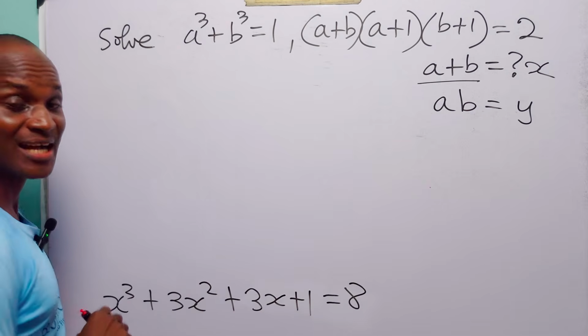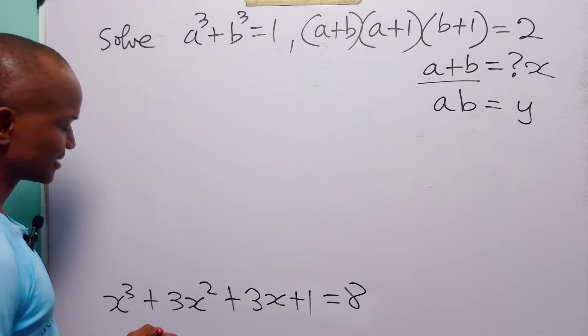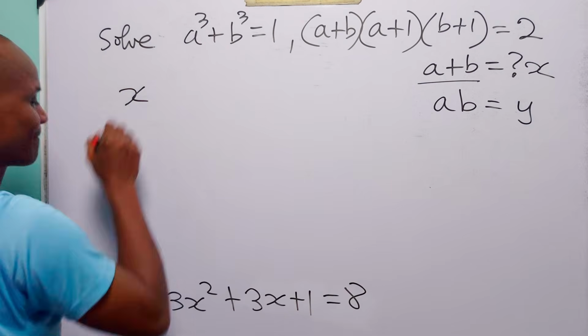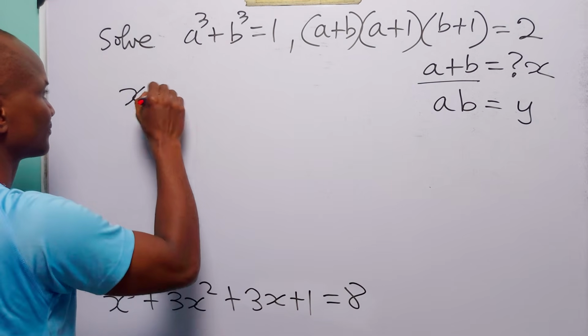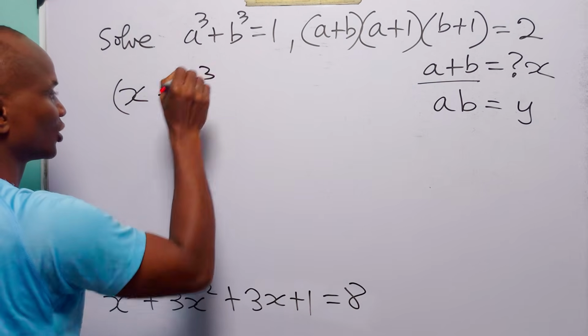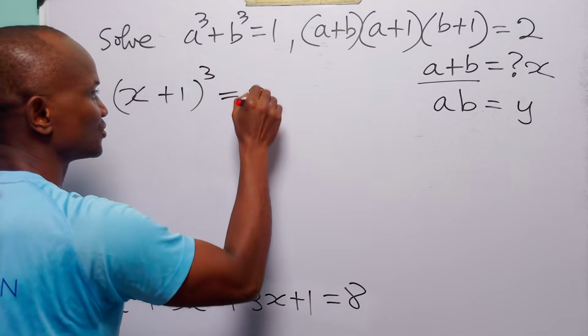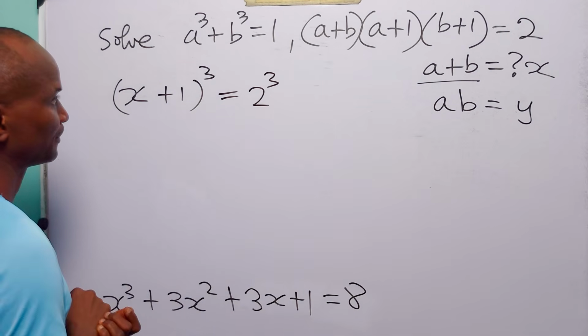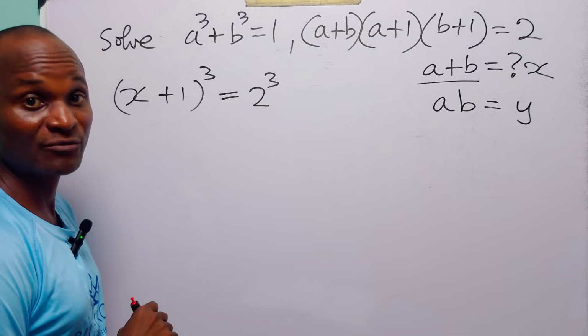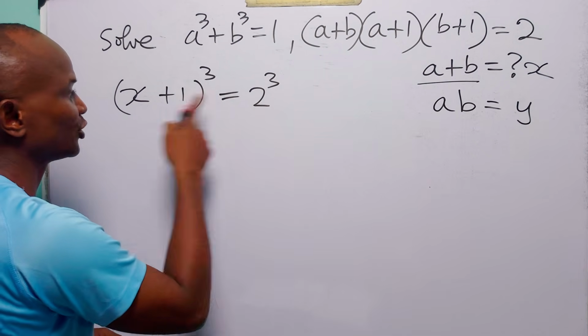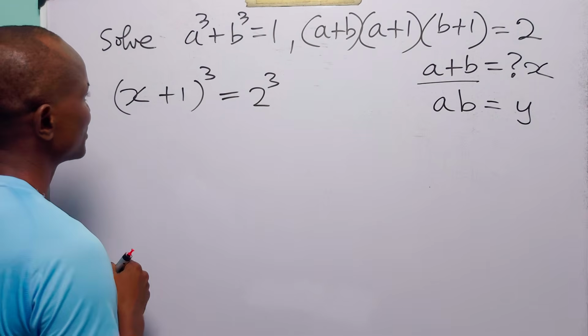Now, when you look at the left-hand side of this equation, you can see that this is the expansion for x plus 1 cubed, and this is equal to 8, which is 2 cubed. And since we are looking for the real values of x, we can just take the cube root of both sides of this equation.